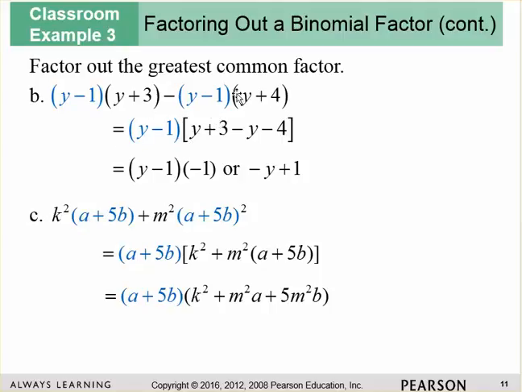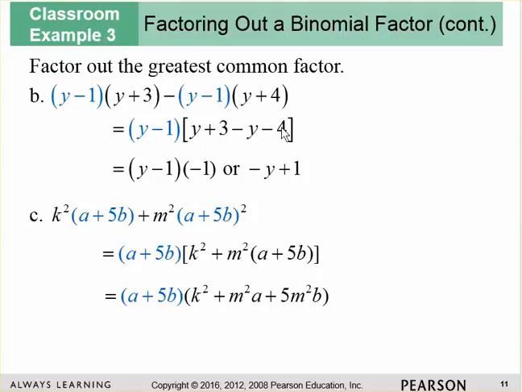And we're going to take what's left over, put it inside a bracket, and combine like terms. So we have y plus 3 minus y minus 4. Why y minus 4? Because this negative is going to be applied to both terms in the binomial. Be careful. I can't tell you how many times that students leave this as a plus.